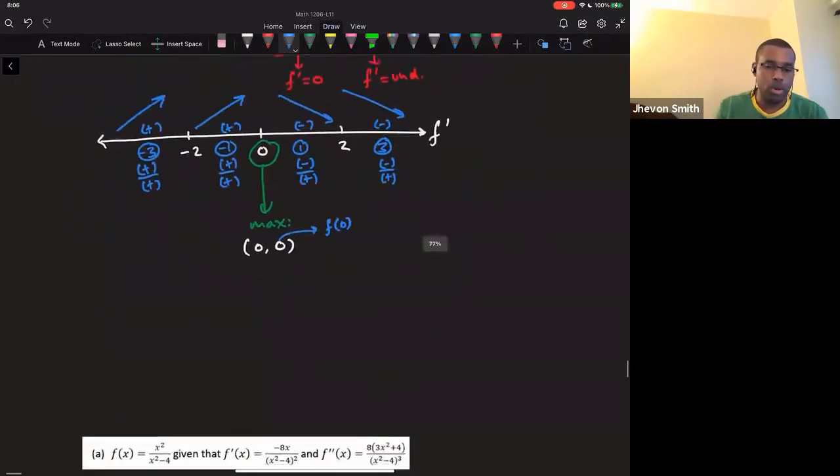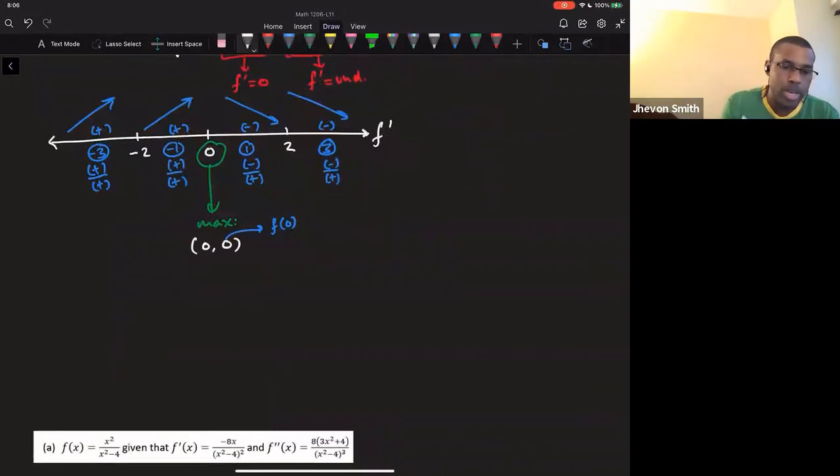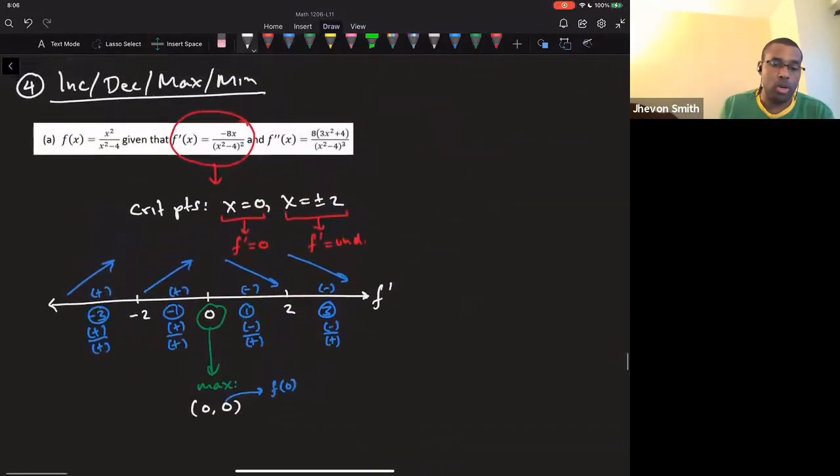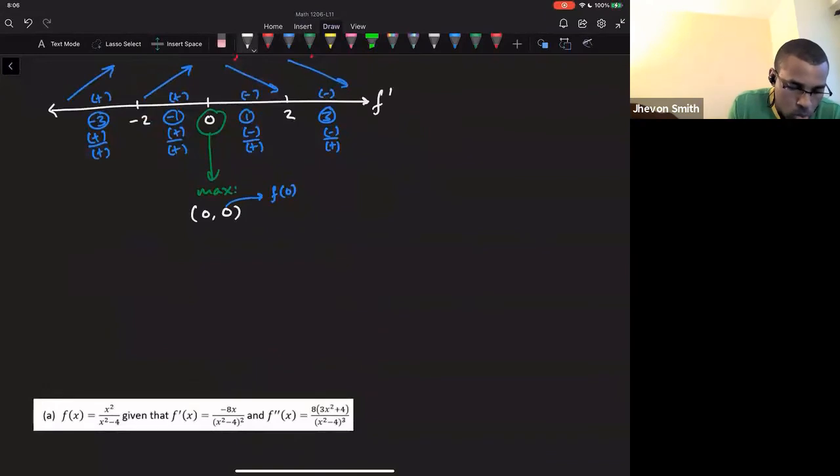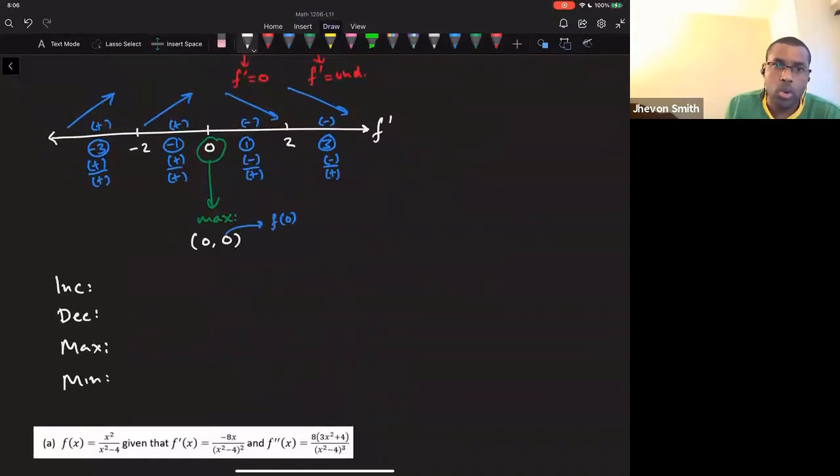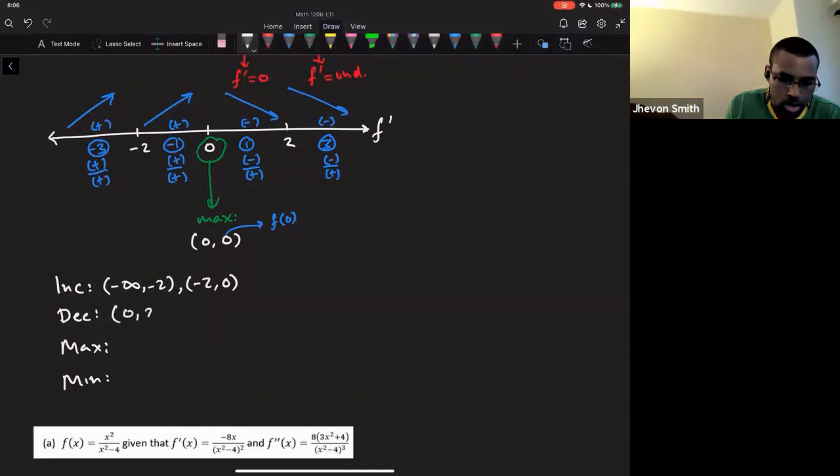So at this point, you now have enough information to deal with step 4. So we want to find where is it increasing? Where is it decreasing? Where are the maximums? Where are the minimums? So as you can read here, we're increasing from negative infinity to negative 2, as well as negative 2 to 0. We're decreasing from 0 to 2, as well as from 2 to infinity.